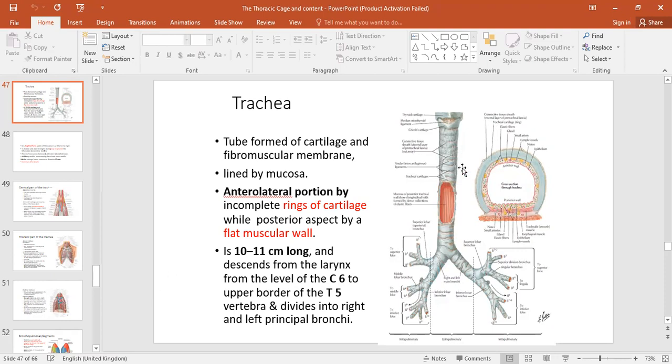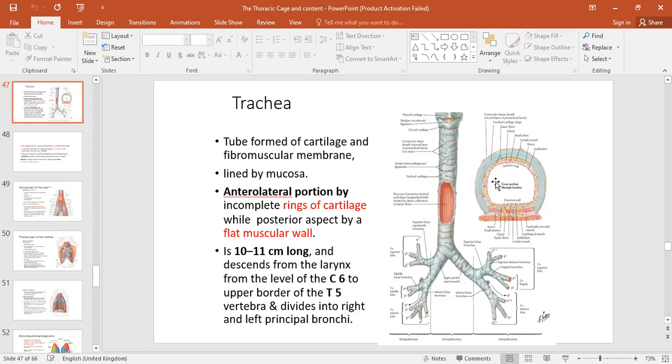In addition to that, the trachea is a muscular tube. Apart from that, the trachea is surrounded by C-shaped cartilaginous rings. These are hyaline cartilage rings, okay? Then in addition, inside there, it has mucosa and submucosa. The kind of mucosa found in the trachea is pseudostratified columnar epithelium with cilia.